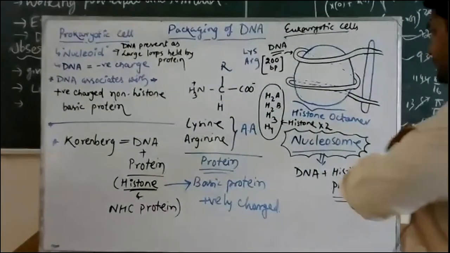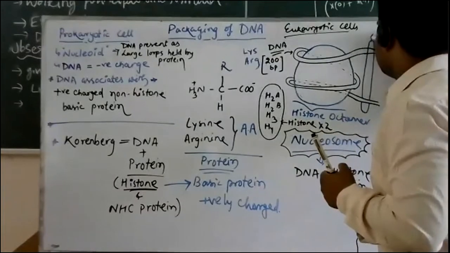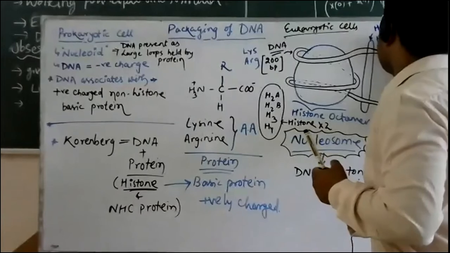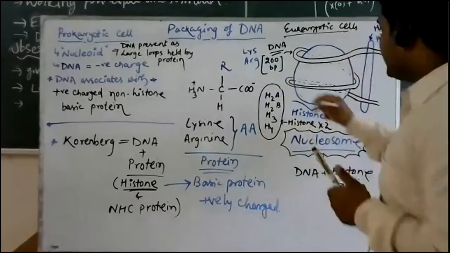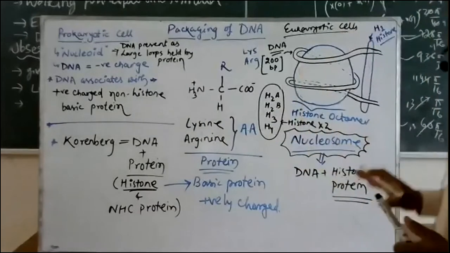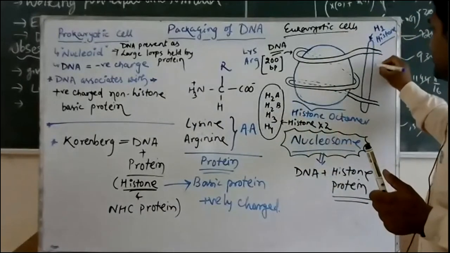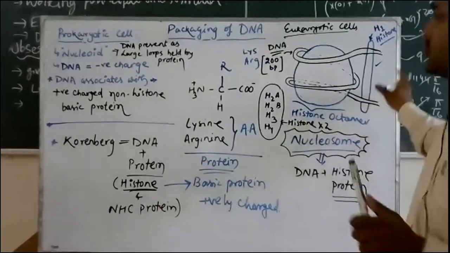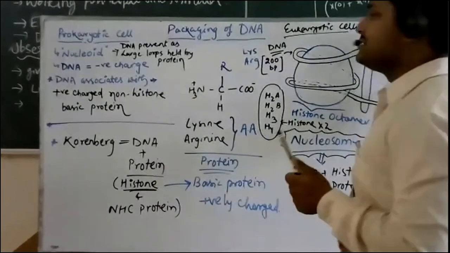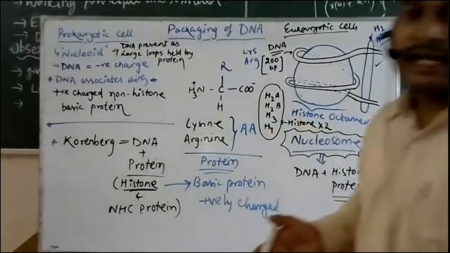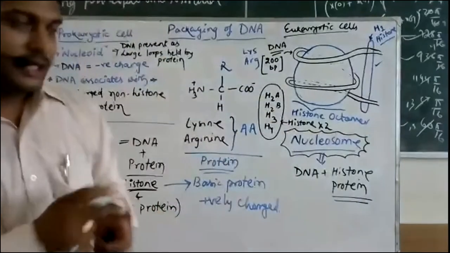Now, what do you have here? This particular structure is called H1 histone, right? You see H2 is there, H3 is there, H4 is there, but we don't have H1. So this one is the H1 histone. This is also known as the linker histone, or the spacer histone. You can use any word, but we'll go with the H1 histone.